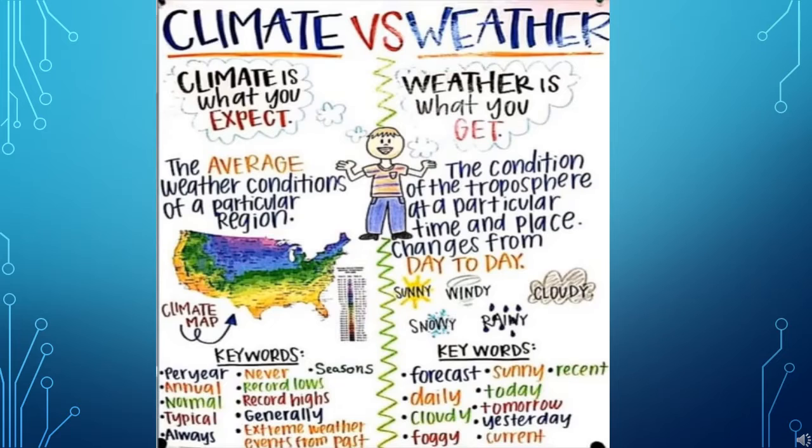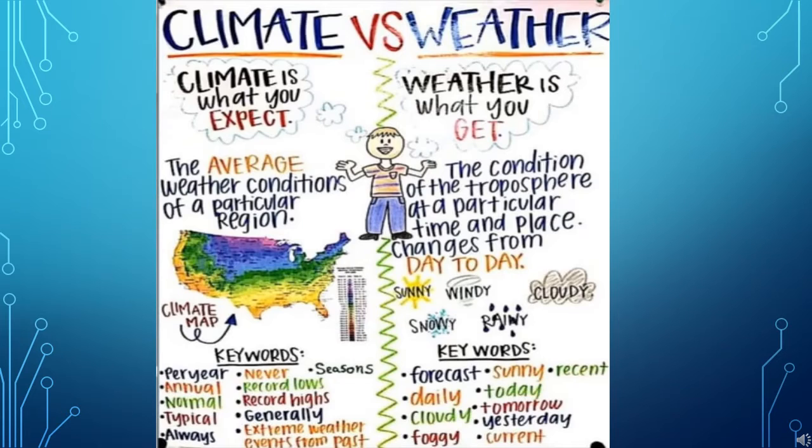So, I have shown on your screen the difference between climate and weather. I may ask you some short questions, or choose the correct option, or fill in the blanks related to the difference between climate and weather. Here is a chart showing climate versus weather. Climate is what you expect, whereas weather is what you get.